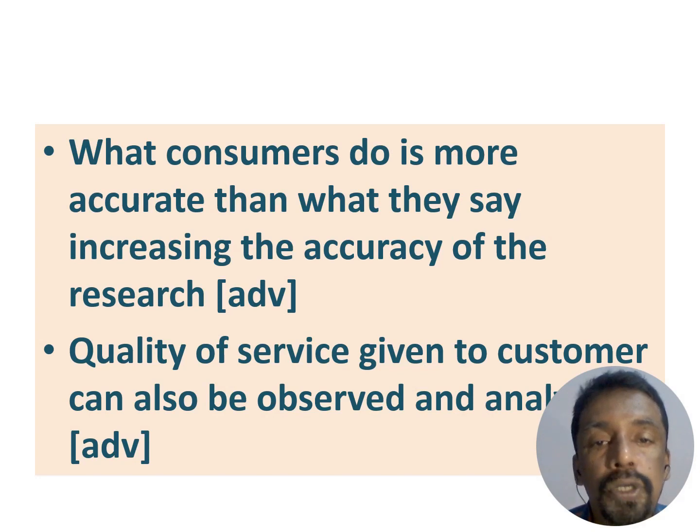Advantages. What consumers do is more accurate than what they say, increasing the accuracy of the research. Quality of service given to customers can also be observed and analyzed. You can also analyze the quality of service a business gives a customer through observation.